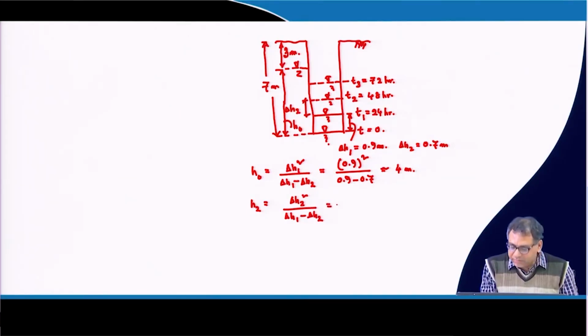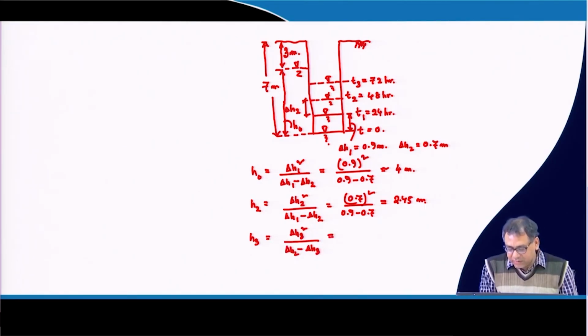So, that will be 0.7 square divided by 0.9 minus 0.7, which is also 2.45 meter. Similarly, del h3 also: del h3 square divided by del h2 minus del h3. So, this way then we will get another value.